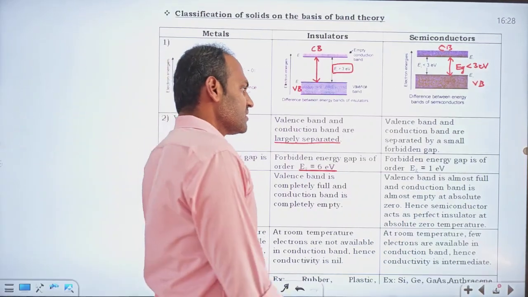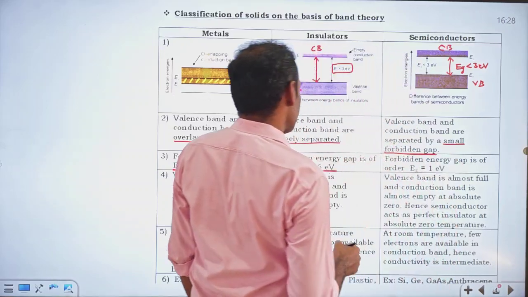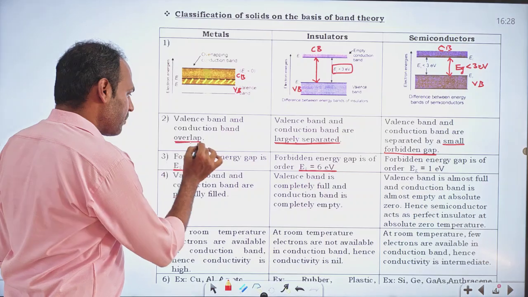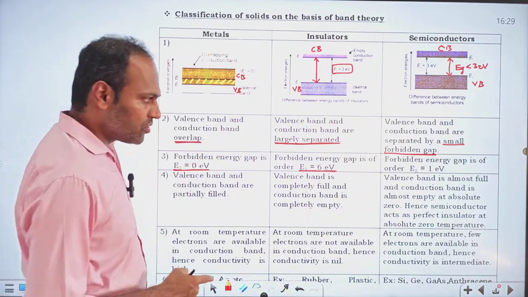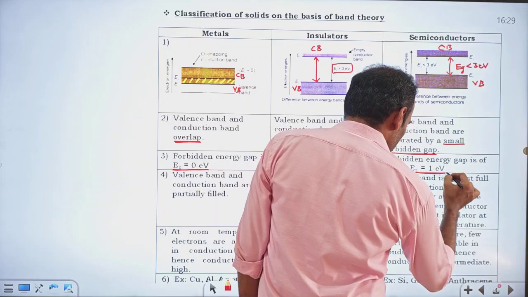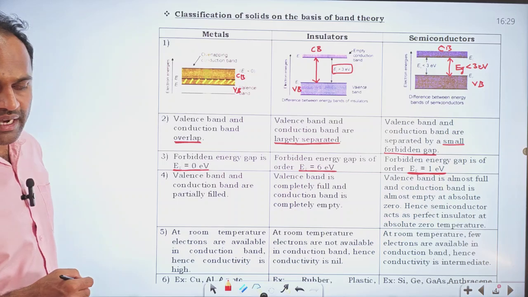Here they are separated by a small forbidden gap. In insulators they are largely separated, in metals they are overlapping. Energy gap is 0 electron volts in metals, 6 electron volts in insulators, and in semiconductors almost 1 electron volt.